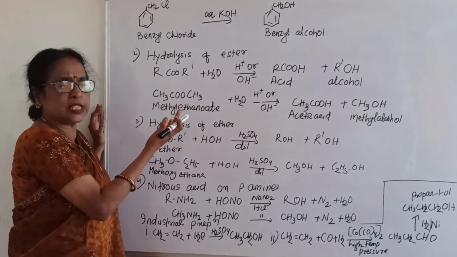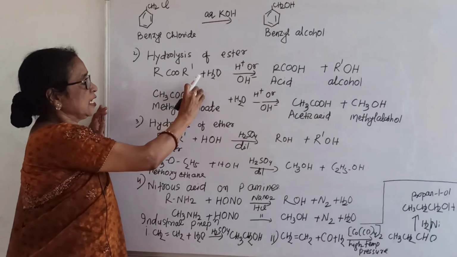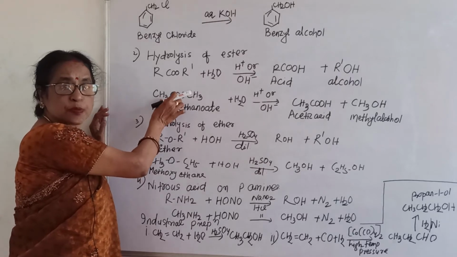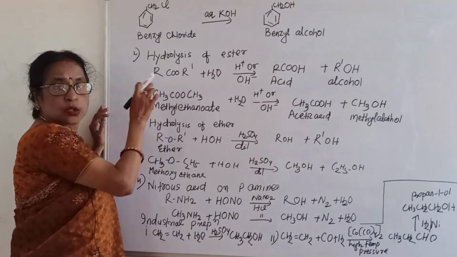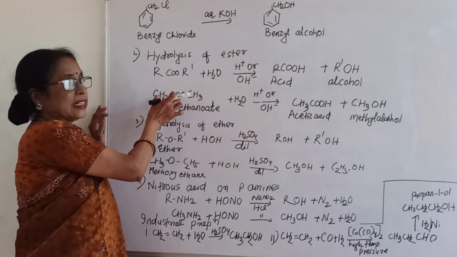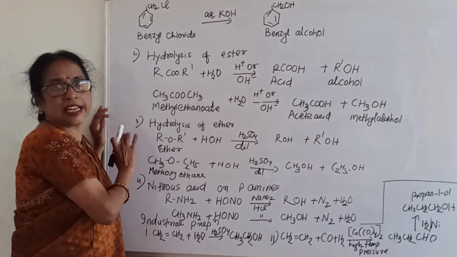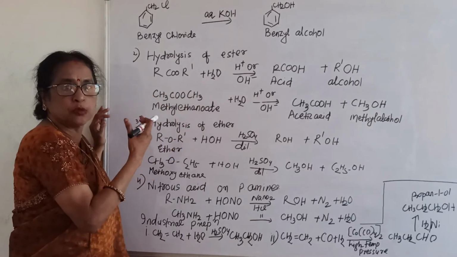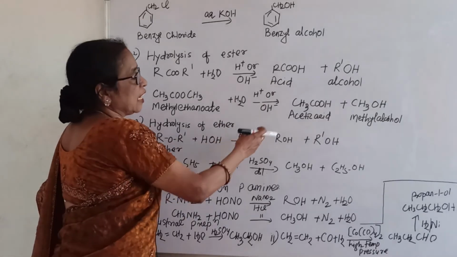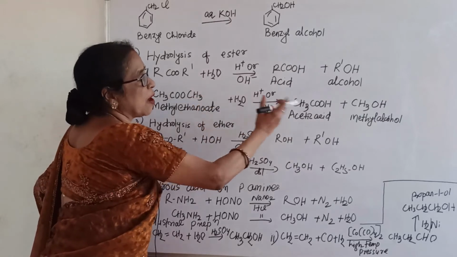Now for example, what is the name of this ester? CH3, methyl, and this is ethanoate because it comes from ethanoic acid. So the IUPAC name is methyl ethanoate, or the common name methyl acetate. Now when this reacts with water in presence of acid or base, it gives this left part as acid, and the right part as alcohol.